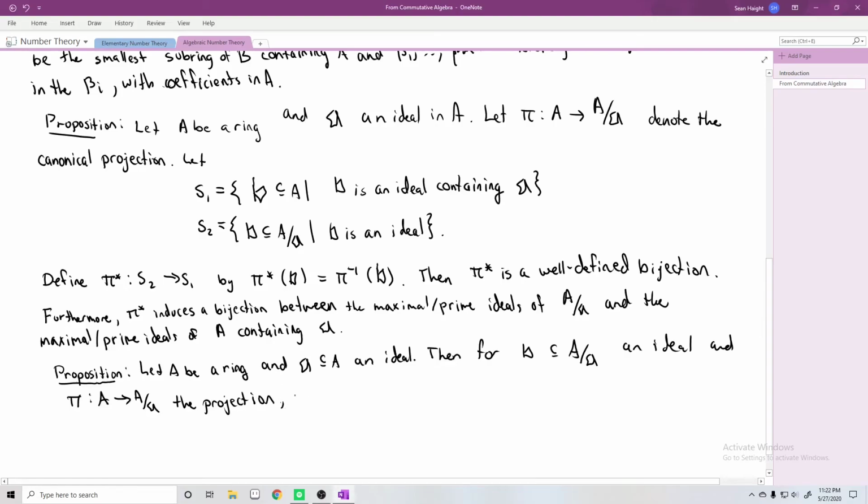we get an isomorphism of rings, phi bar from A mod 𝔞 mod B to A mod pi inverse of B. So if I take the preimage of this ideal B in A and I quotient by 𝔞, this is the same thing as if I took my quotient and then quotient it again.